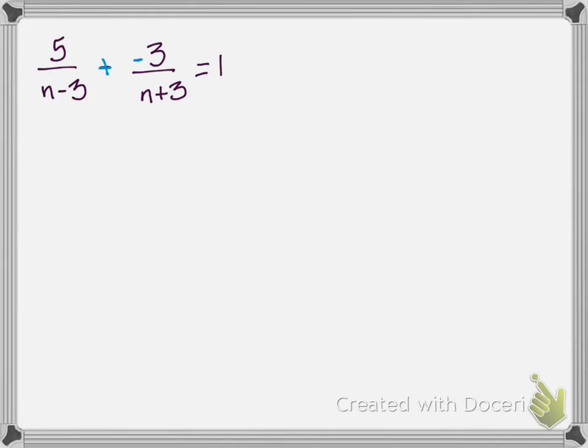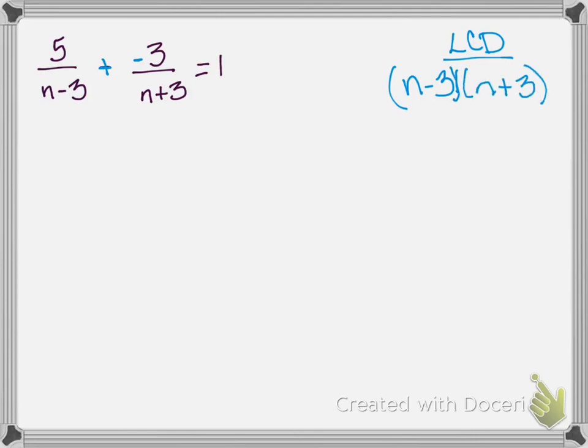I'm going to move that negative to my numerator. That is a good thing to do. Now I'm going to multiply everything by my LCD. And my LCD is n minus 3 times n plus 3.